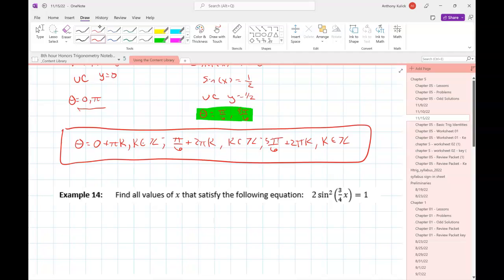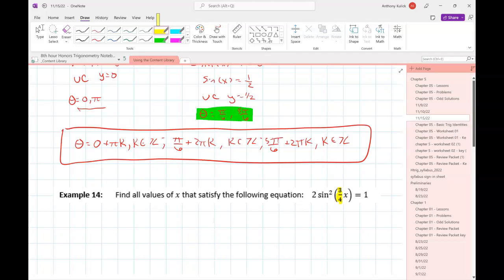All right. Find all values of x that satisfy the equation 2 sine squared 3/4 x equals 1. All of a sudden here, things are going to get weird. What's different about this problem than any of the previous ones we've looked at? It's not just that there's a fraction, it's where the fraction is located. That's a coefficient on x. Remember back to when we graphed these things.